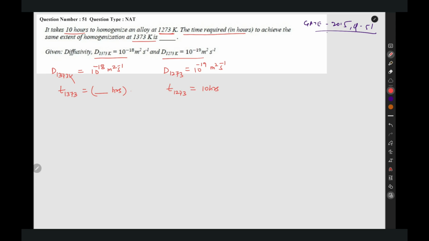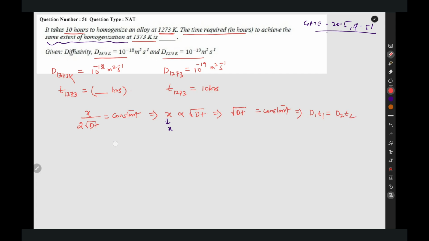So we will use the relation x by 2 root Dt equal to constant. We can write x directly proportional to root Dt. Then, as given in the question, the extent of homogenization is same, means x is same in both cases. So we will write root Dt equal to constant, so D1 t1 equal to D2 t2.